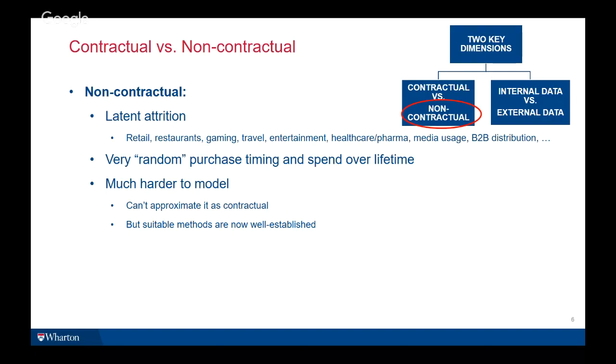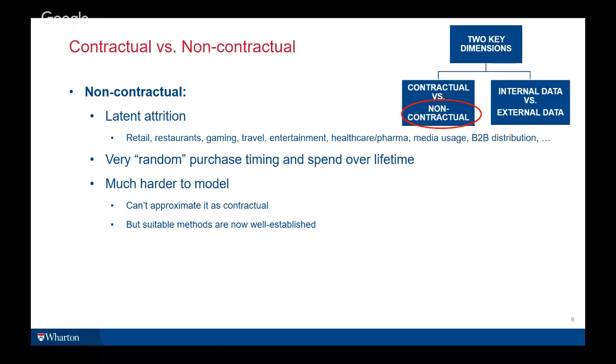But even holding aside customers being alive, the number of purchases that I make over time and the amount of spend associated with each purchase is going to be a lot more variable, both within the same customer over time, say the difference between the holiday season and off-peak, and across customers. Some customers might be big spenders, others might be big purchasers, and we would want to be able to account for those differences if we can.